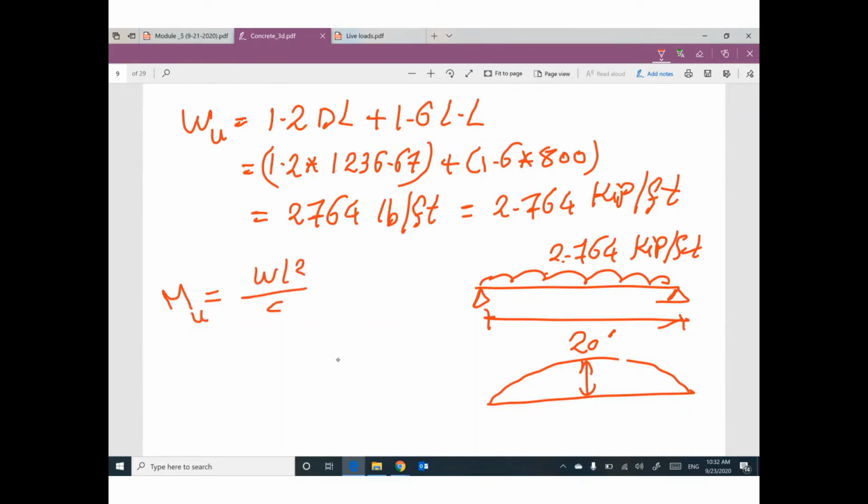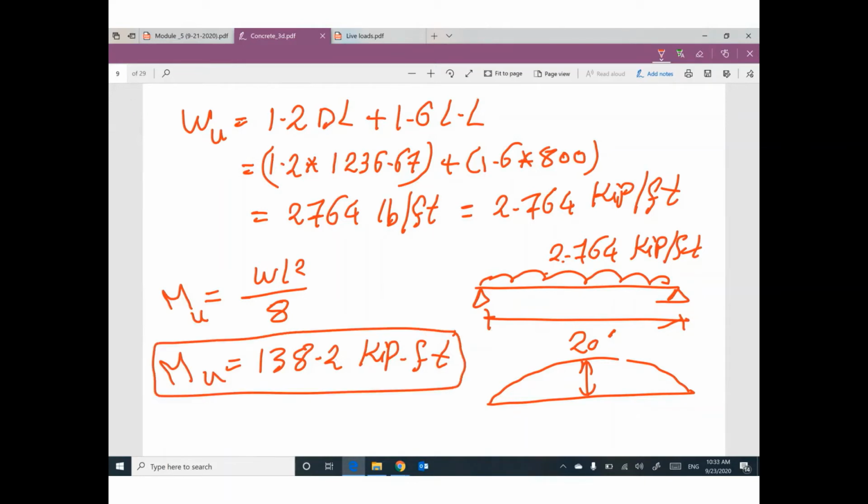So W is given 2.764, L is 20, square, divided by 8. Your value will be 138.2 kip foot. Here is the value of M ultimate.